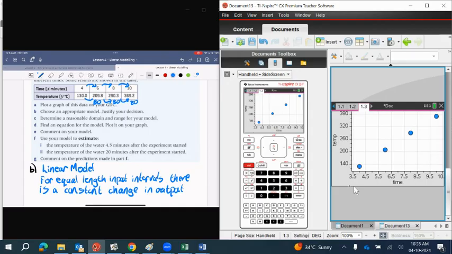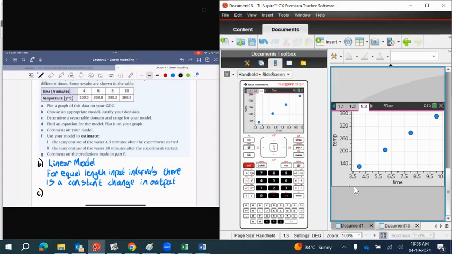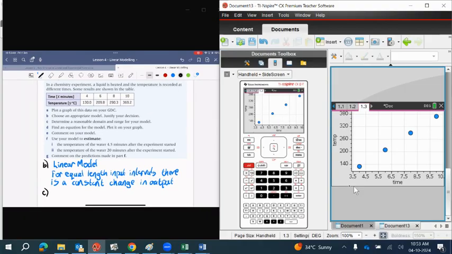What's a reasonable domain and range for this model? Well, can time be negative? No, we can't have negative time. What would time equal to 0 mean in this context? That's when the experiment starts.